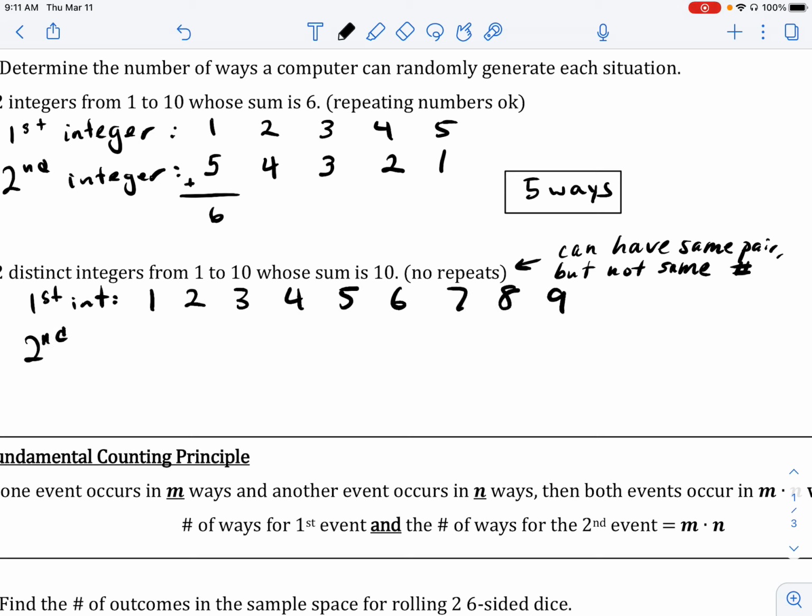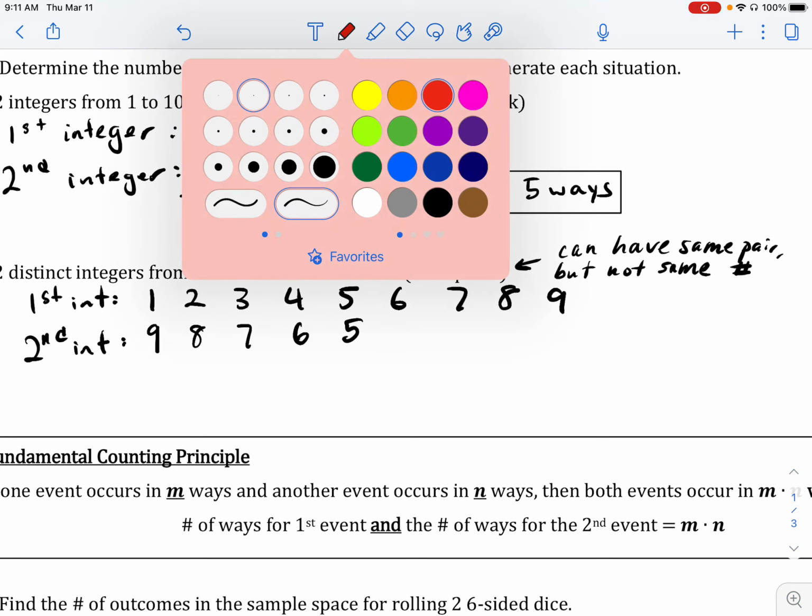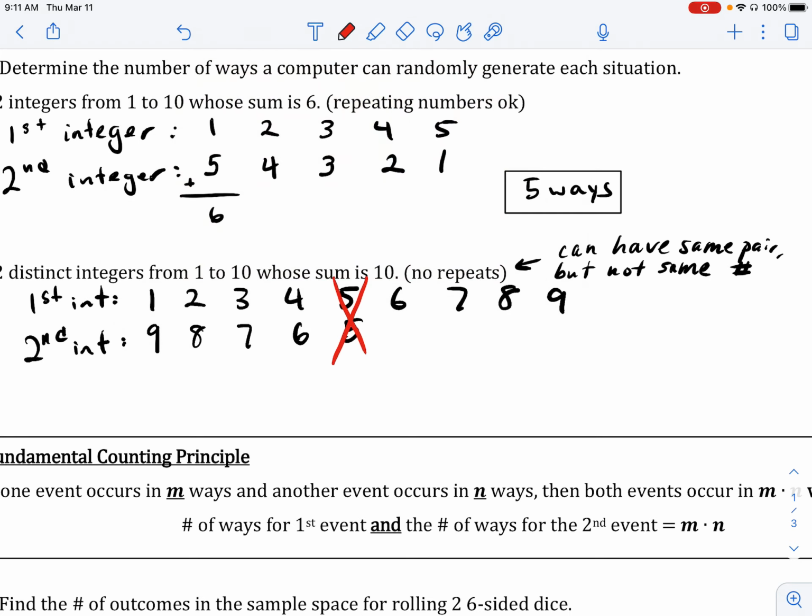If the first number is 1, then the second integer has to be 9, and we go down the line this way: 8, 7, 6, 5, and this is where we have our first issue. Because both numbers are 5, we're not going to include that. So when it says no repeats, that's what it's referring to.